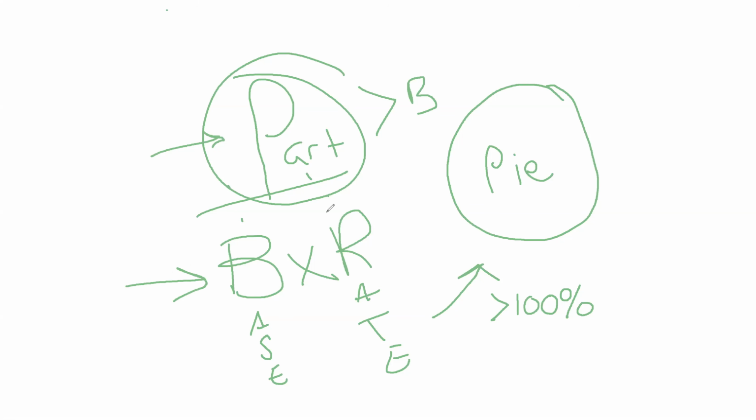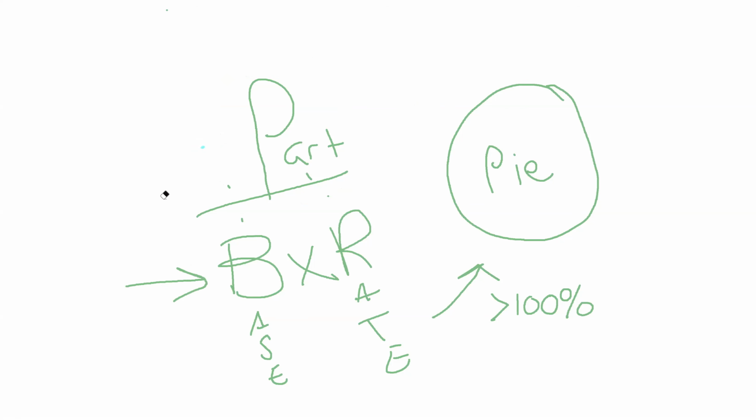Okay? Now, we could also invert that, and let me explain this. Watch. If the rate, and understand this, most of the time the rate is going to be less than 100%, because a lot of the questions you're going to be working with are commission questions.